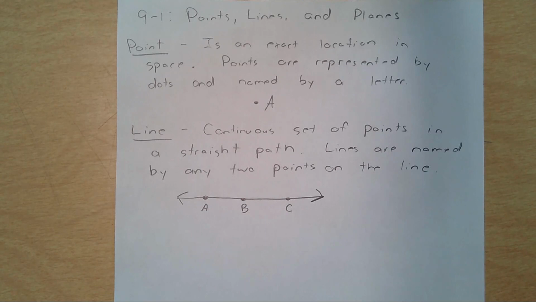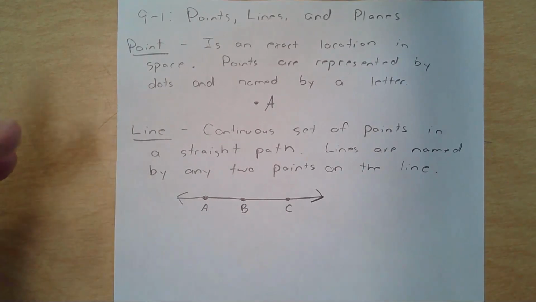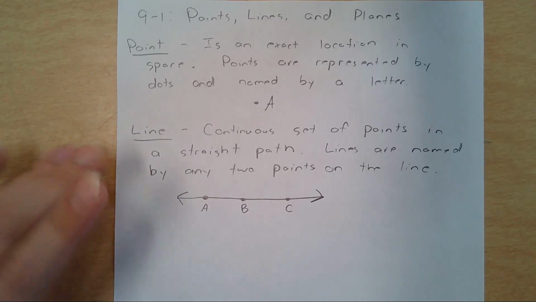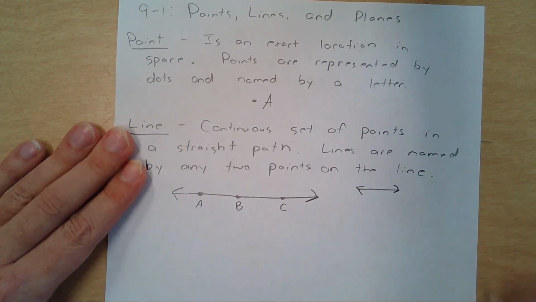Lines have geometric symbols. So the geometric symbol for a line, typically when you represent a line, it's most common to represent the point that's farthest on each side. So this right here is my symbol for a line.